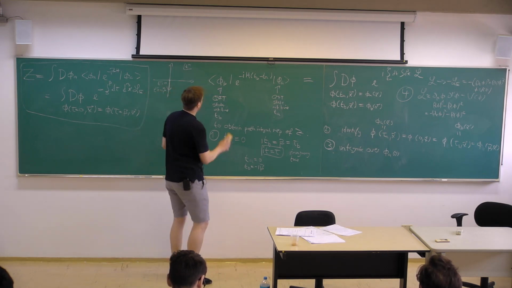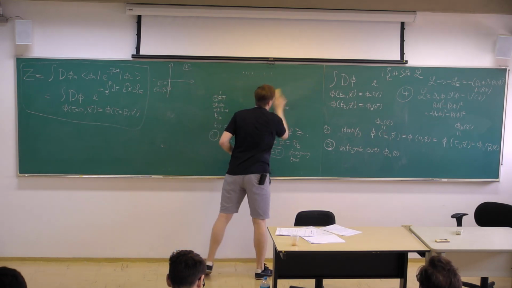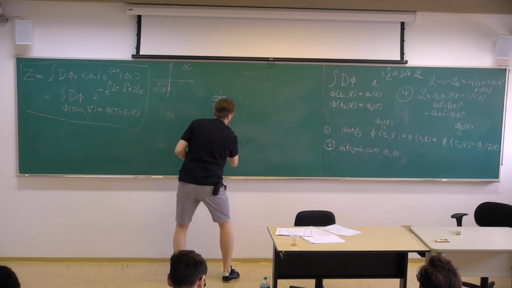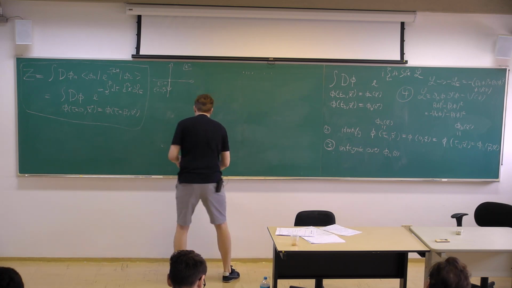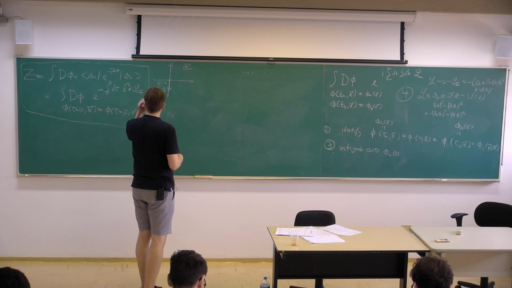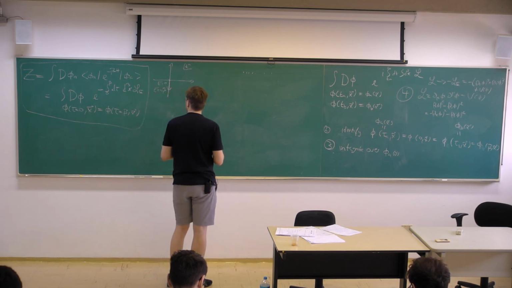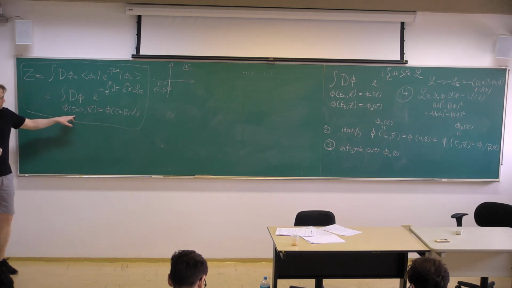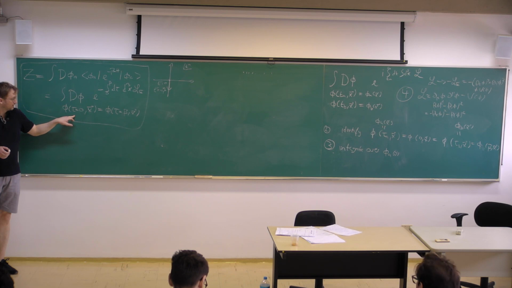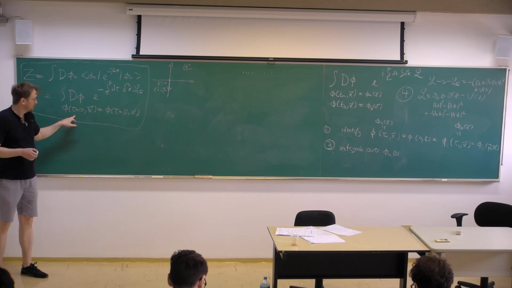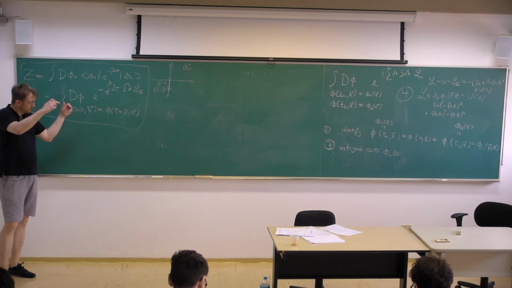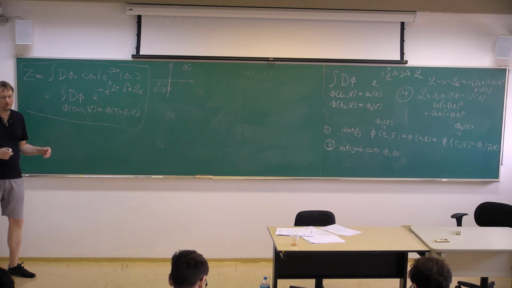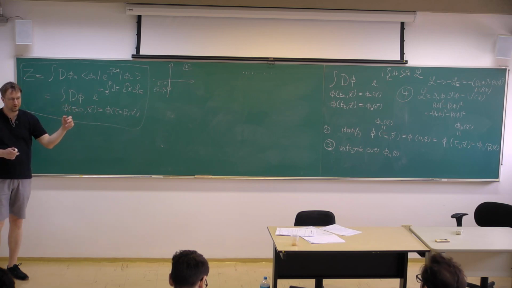So, what does that mean now? It means that because we are imposing these cyclic boundary conditions, the fields are cyclic in my time variable, so effectively the time direction is compactified.